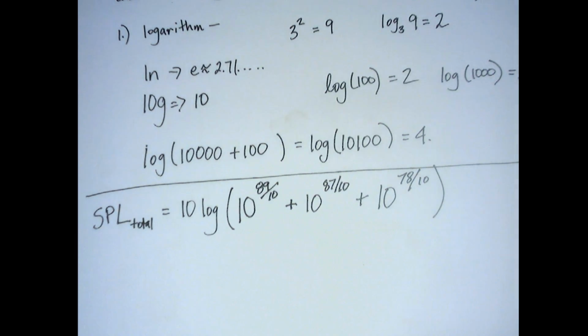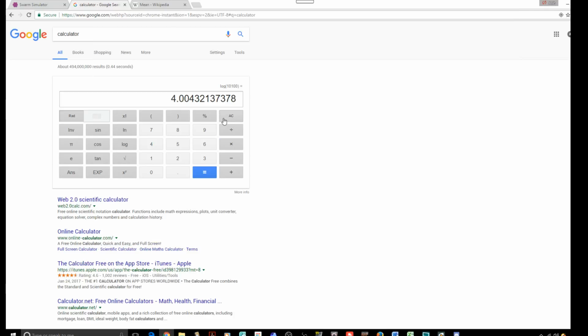So we're going to add each of these individually. Let me go back over to the calculator here. I'm going to clear everything out. All right, so we're going to do what's in parentheses first. 10, and then I make it an exponent. I'm going to do it in decimal form. So that's the 10 to the 8.9.